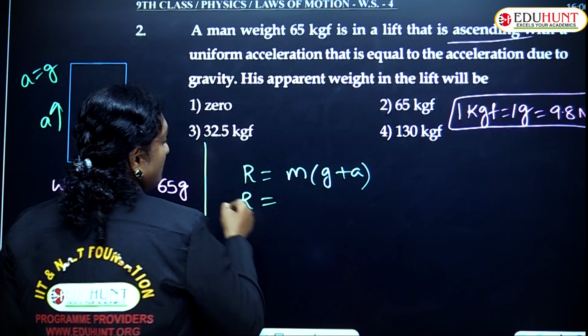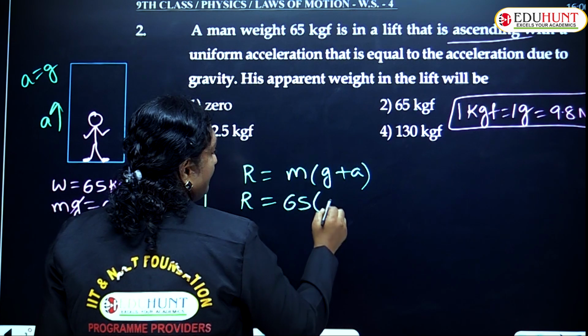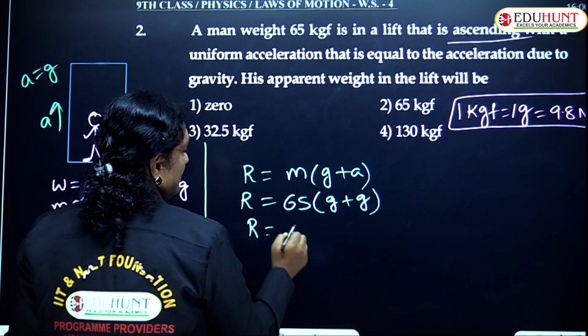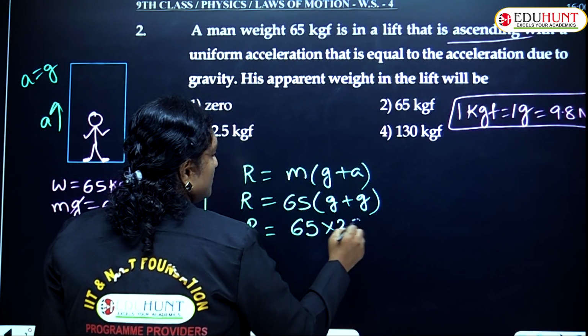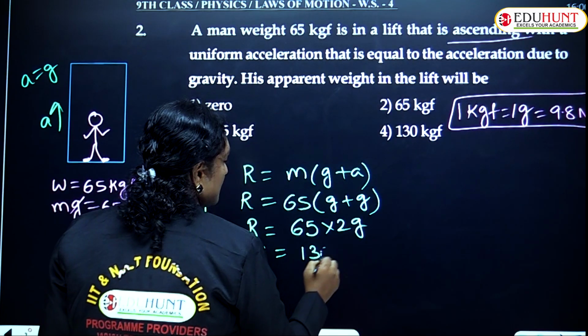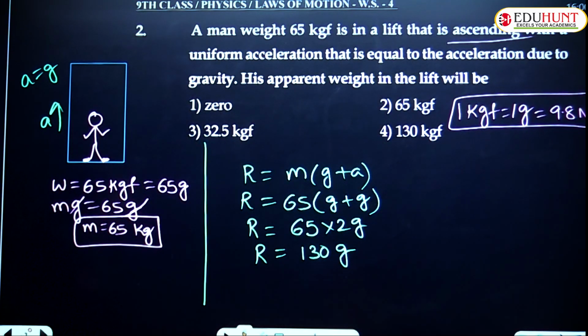Therefore, its apparent weight R is equal to mass 65 into g plus acceleration, which is also given as g, or R can be written as 65 into 2g, or R equals 2 into 65, which is 130g. So what is the value of R? We got it as 130g.